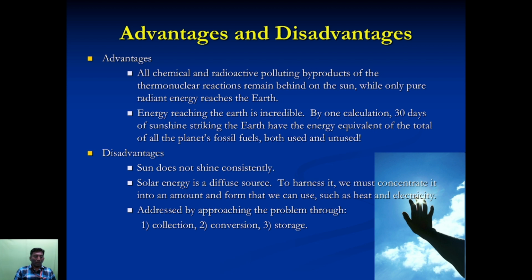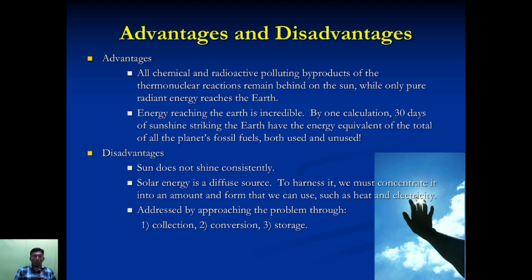Okay, so we have some disadvantages also. One of the main disadvantages is reliability. The sun does not shine consistently. For a single day, the sun shines on the earth for a maximum of 8 hours only.